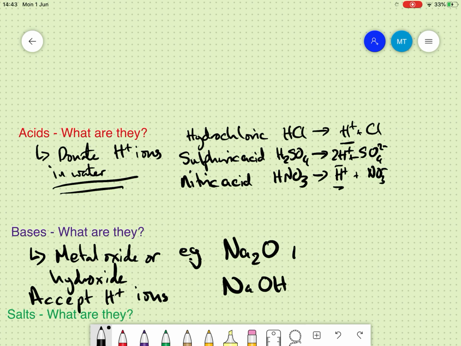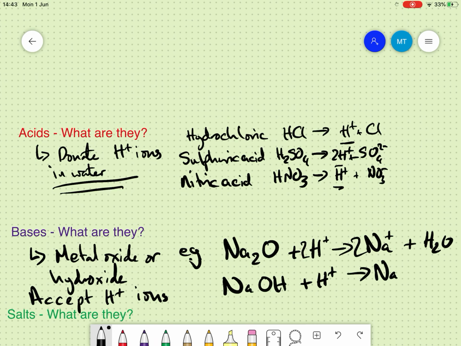If you add H+ ions, you get water. Likewise, if you had H+ ions here, you get sodium ions, yes, but you also get water.